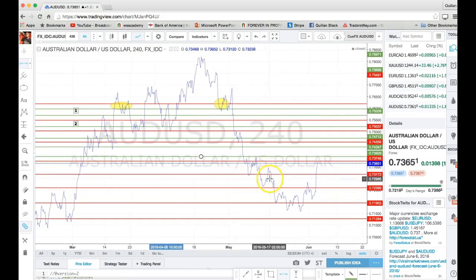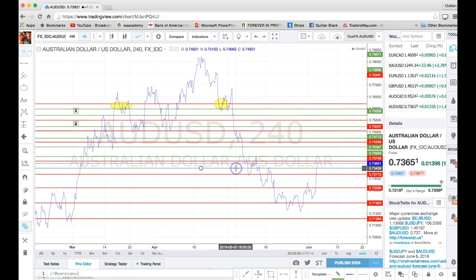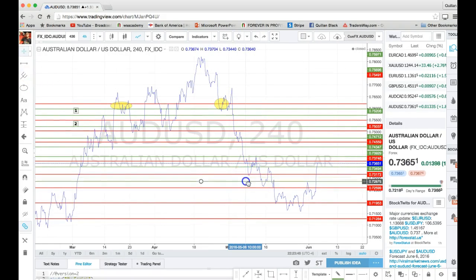Okay, keep on going to my zones. Right here: support, resistance, resistance. Perfect. Next zone.